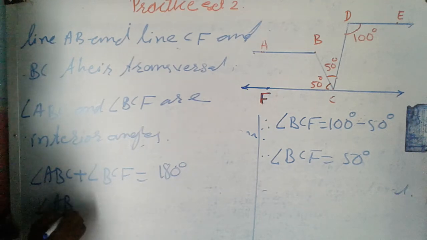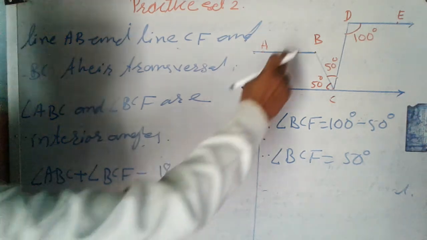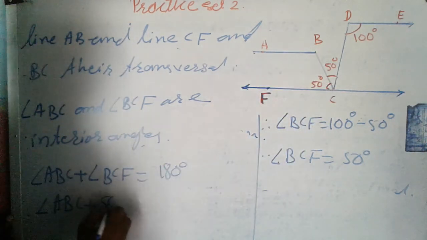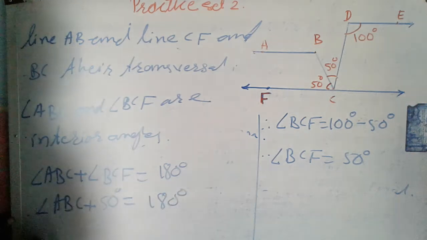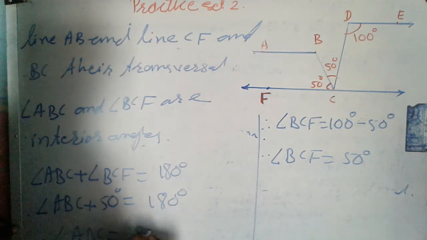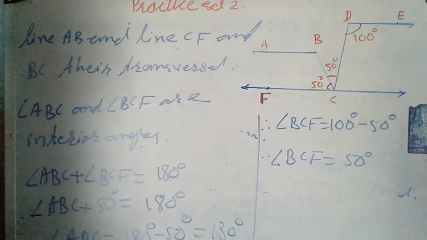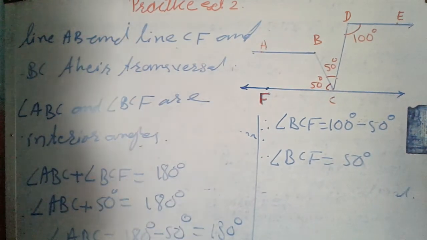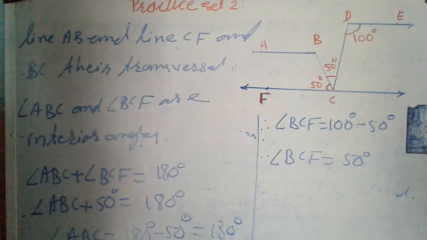Angle ABC plus 50 degrees is equal to 180 degrees. Therefore angle ABC is equal to 180 degrees minus 50 degrees, which is 130 degrees. This is our answer. The measure of angle ABC is 130 degrees.